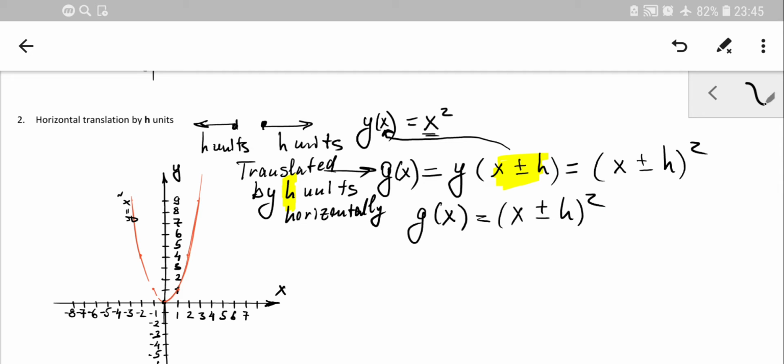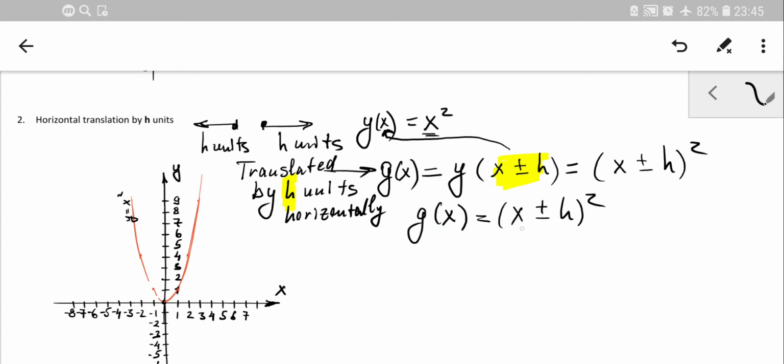Now the reasonable question: how do we define which sign to use if it was translated, for example, to the right? Or, if you're given an expression for your translated function, how do you define where it was translated? So we have two questions.